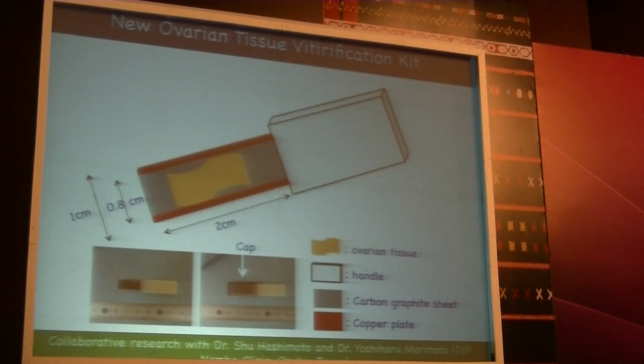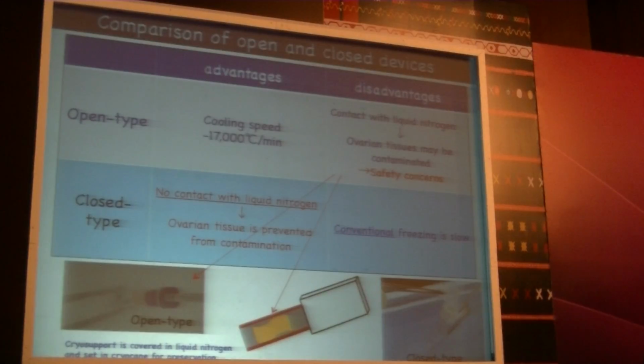Based on these above findings, we prepared a new closed type of vitrification device with carbon graphite sheet, as shown in this slide. All devices we developed for ovarian tissue vitrification are open type devices. As shown here, it is advantageous to have ovarian tissue frozen quickly because ovarian tissue directly contacts liquid nitrogen.